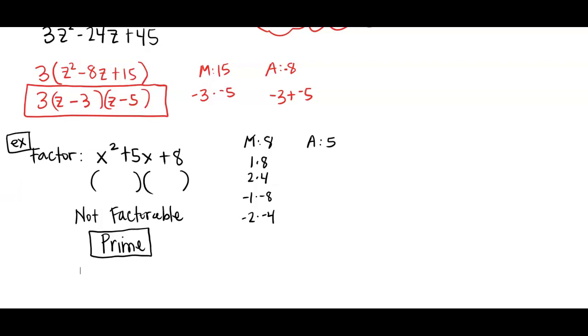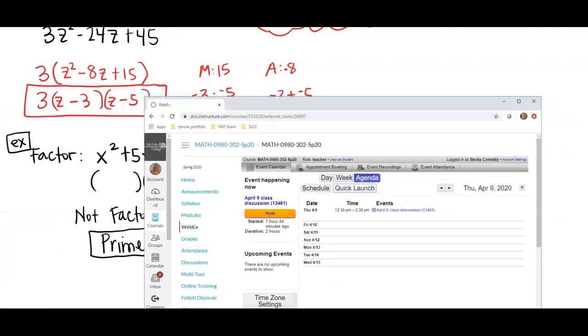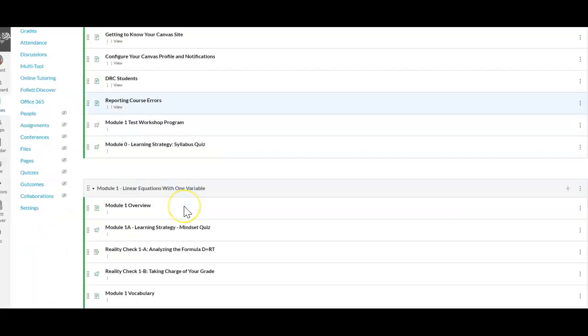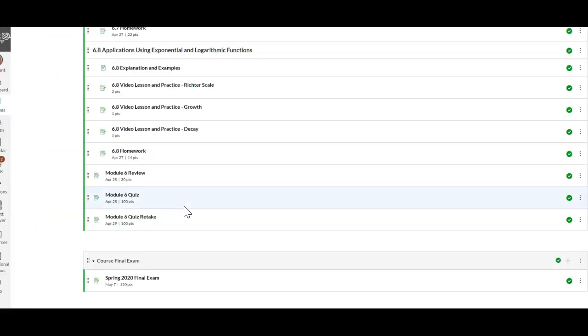Yeah, it is. So if you go into, let me see, I'll find it on there. So yeah, if you go into the modules, and I get down to module 5.